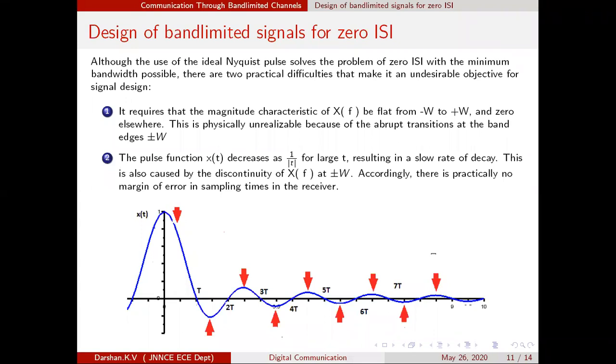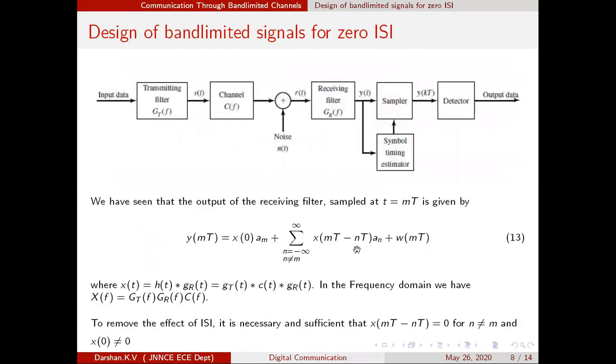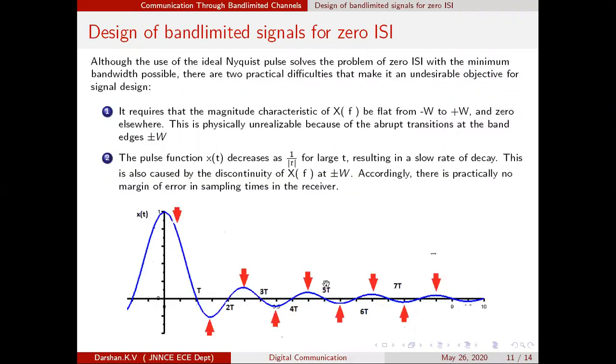What you are supposed to understand here is that the sampling time should be exact. If there is a very small mismatch in the sampling, you end up with non-zero values, which are highly objectionable. Why? Because to avoid the ISI, the sample should be zero.